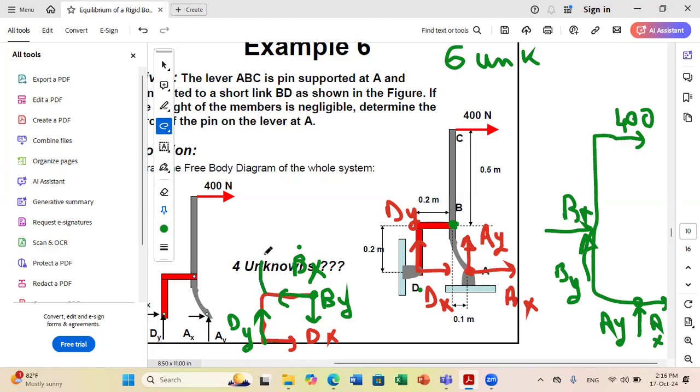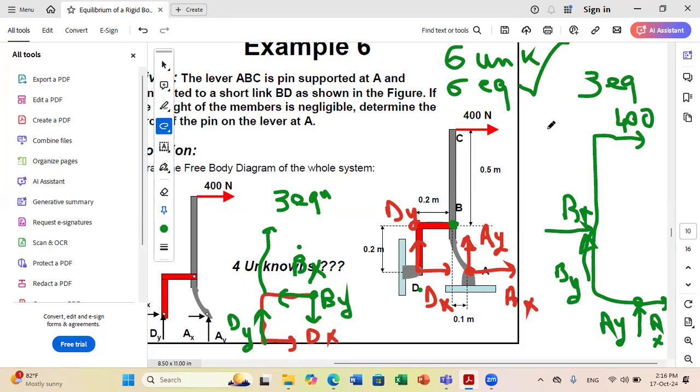So for member BD, I can write 3 equations, and for member ABC, I can write 3 equations. So I end up with 6 unknowns and 6 equations, and I solve my system.